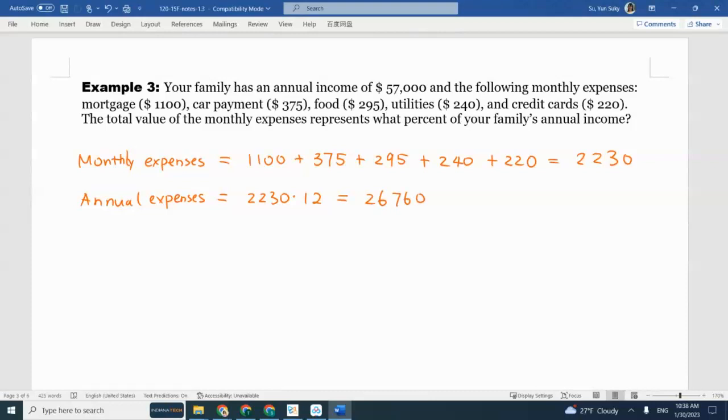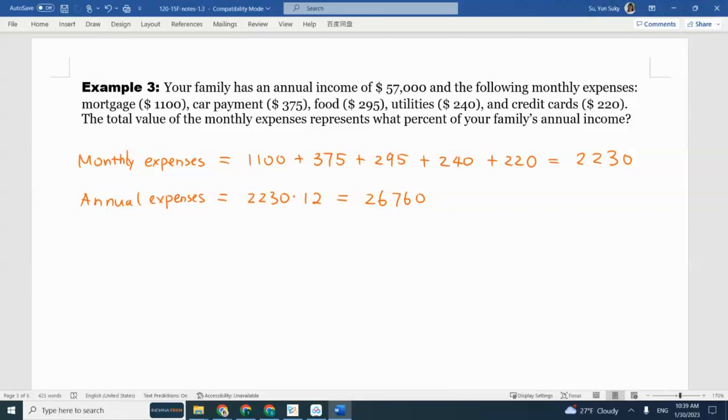Thank you. Okay, now we want to find the total value of the monthly expense. What percentage of our family annual income? For the percentage, we use the total expense divided by the income, right, everybody? And sometimes if you get confused about which is on top and which is the bottom, you usually put the smaller number on top and the bigger number at the bottom, right, everybody?